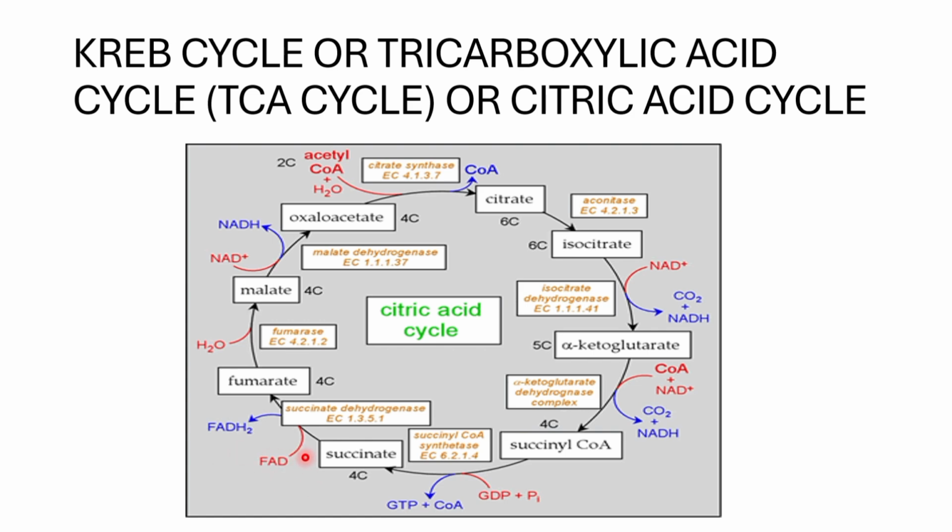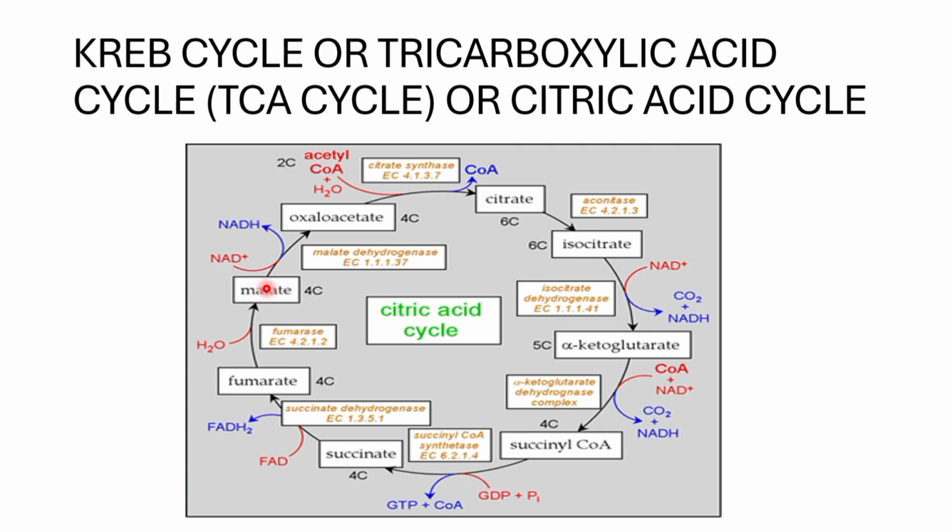FAD will be reduced to FADH2. So this process is also catalyzed by an enzyme called succinate dehydrogenase, and then the fumarate will be converted to what? The malate. They are all 4 carbon compounds.